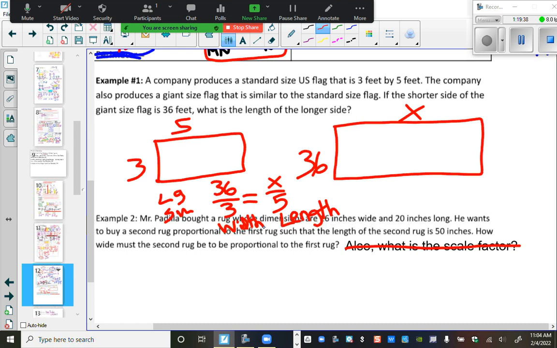That's how you can set up that one. So that's one way you can do it. Not 60 for X. Yes. You're good, Jason. It's going to be 60 feet. Yep, perfect.